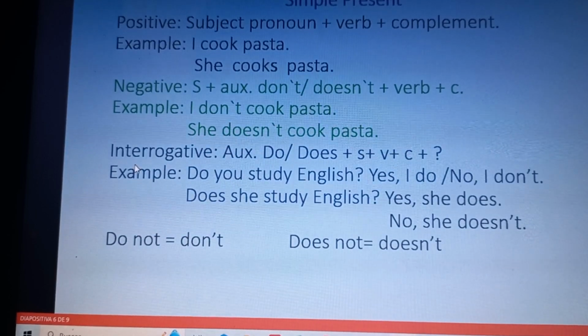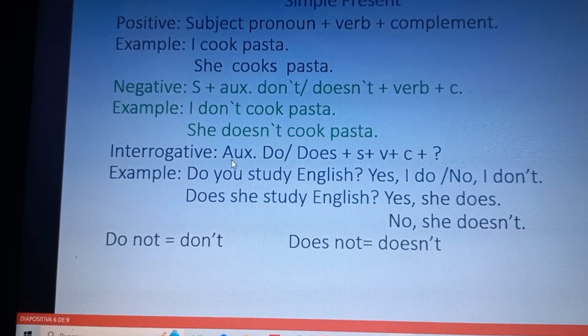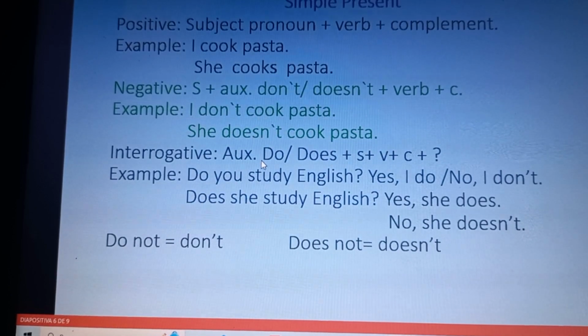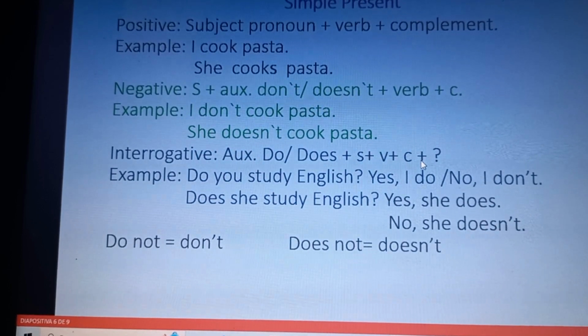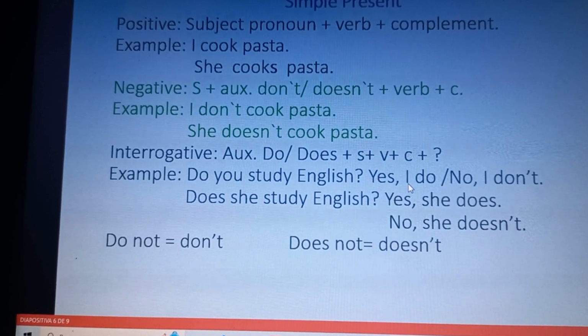Okay? Also, we have here the interrogative. In an interrogative sentence, we have first the auxiliary, do or does, plus subject, plus verb, plus complement, and also plus the question mark. Example, do you study English? You have to answer yes, I do, or no, I don't.